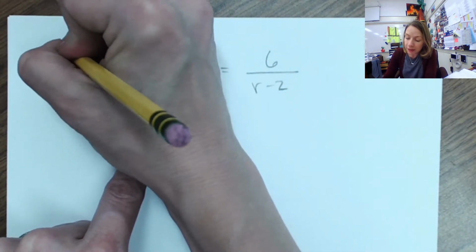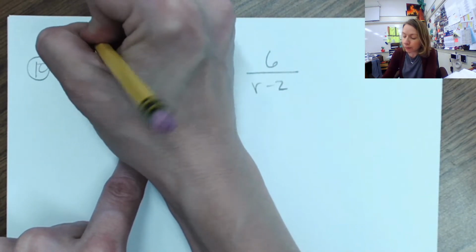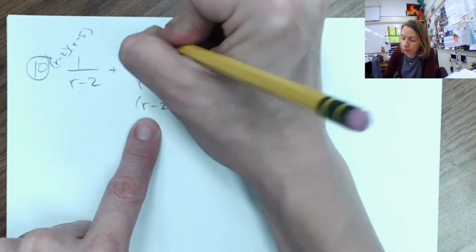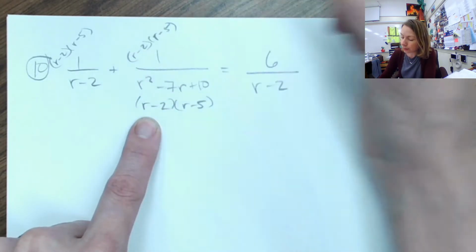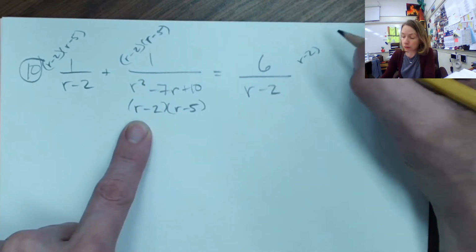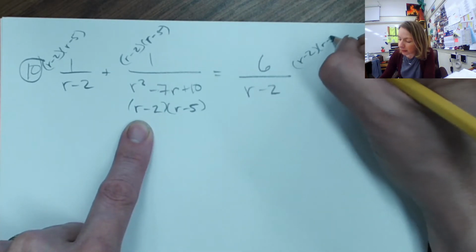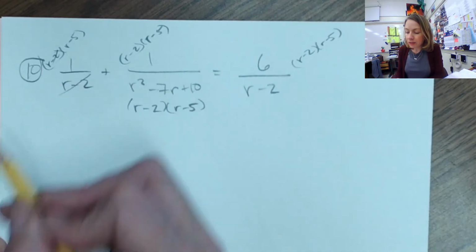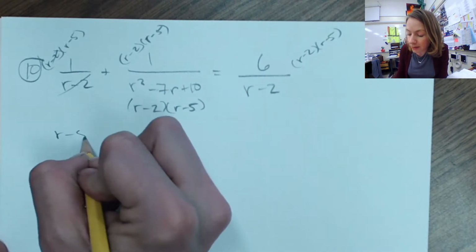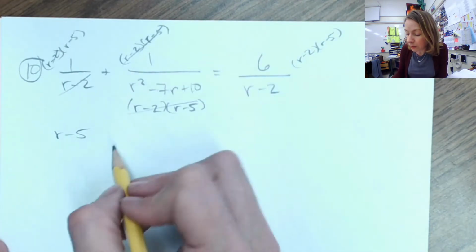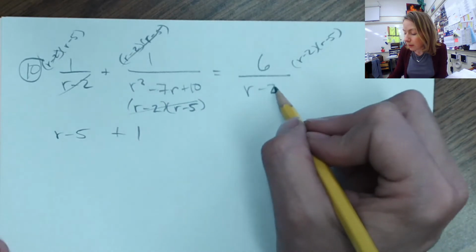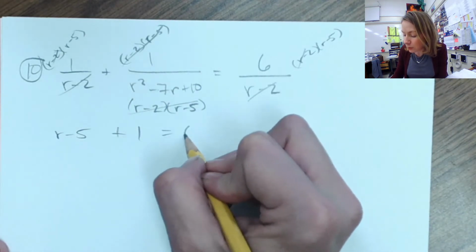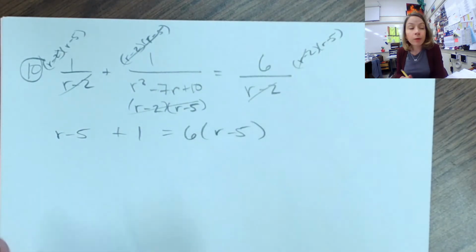So I've got r minus 2, r minus 5 multiplied by each term. Here my r minus 2's cancel, so I've got r minus 5. Everything cancels here, so I've got plus 1. My r minus 2's cancel, so I've got 6 times r minus 5.